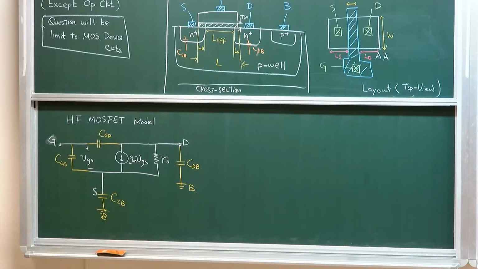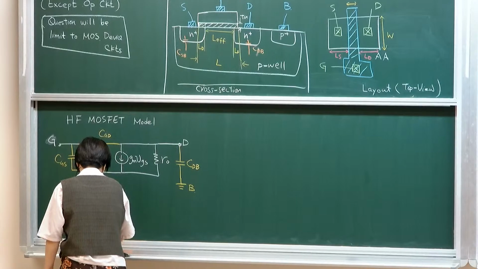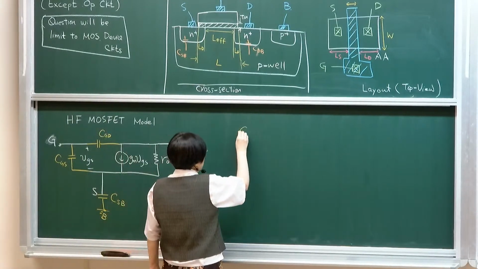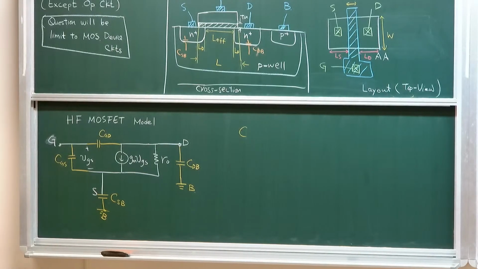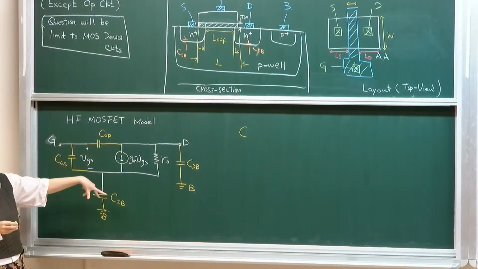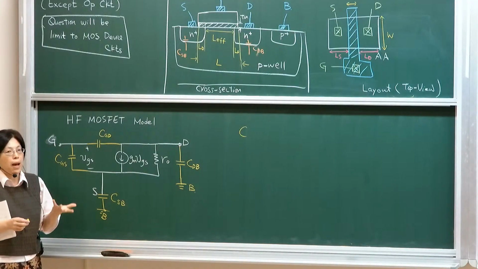Let's write down how we extract these parameters, or what things determine these parasitic capacitances. As we already mentioned, let me write it down. Among these capacitances, there are 4 capacitances. So first of all, you need to determine which one has the highest capacitance.